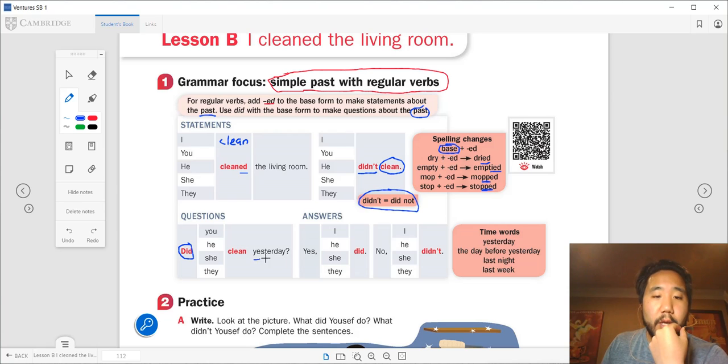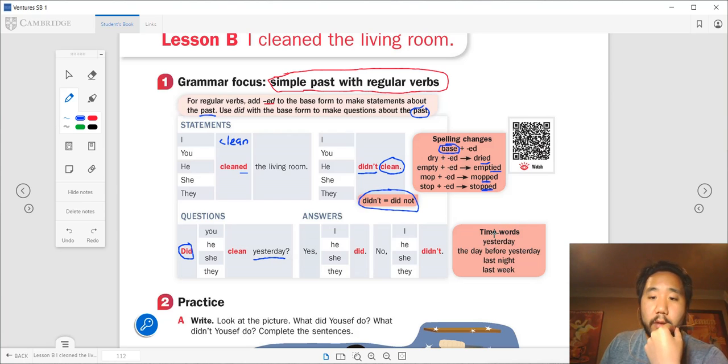Here we have to mention the time expression. Did he clean yesterday? And this could be did you clean last week? Did you clean this morning? Did you clean a month ago? There are various time expressions that we could use.